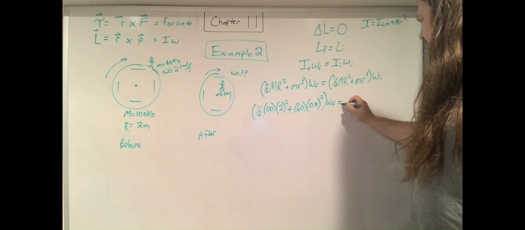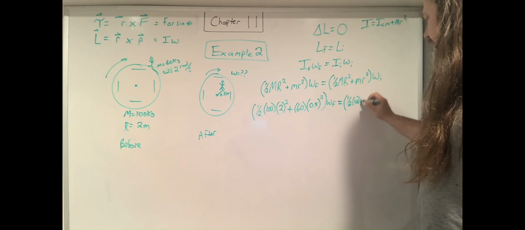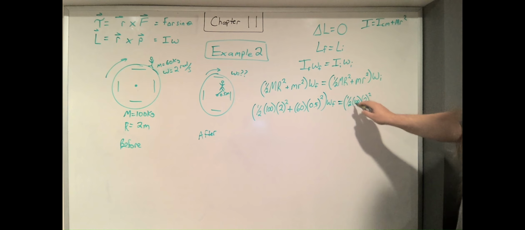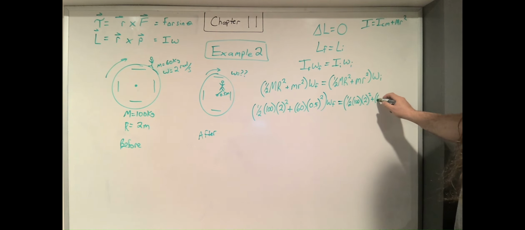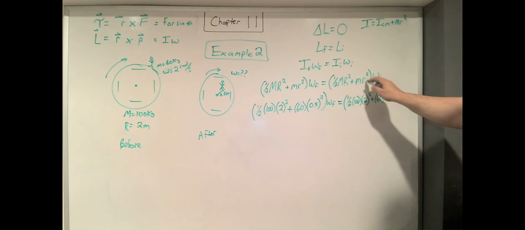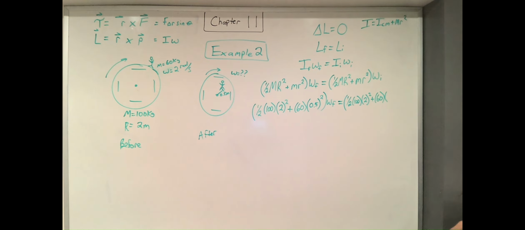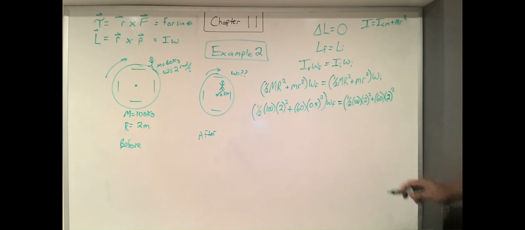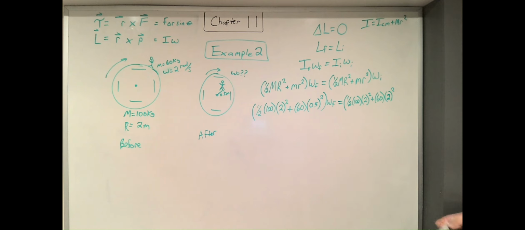In the initial, it's very similar. We'll have 1/2, we have 100, we have 2, because it's still the same mass of the merry-go-round, the same radius of the merry-go-round, and the same mass of the child. But its radius in the initial is the child all the way on the edge of the merry-go-round, so that would also be a 2, because the radius of the merry-go-round is 2.